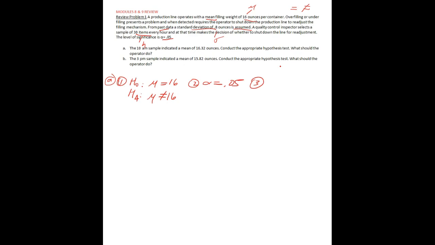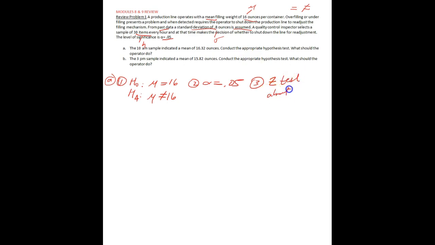What differentiates those two is, for the z-test about a population mean, we would have to have a sigma in the problem, and for a t-test about the population mean, we would only have to have an s. Well, in this problem we happen to have sigma, right? 0.8 is sigma.